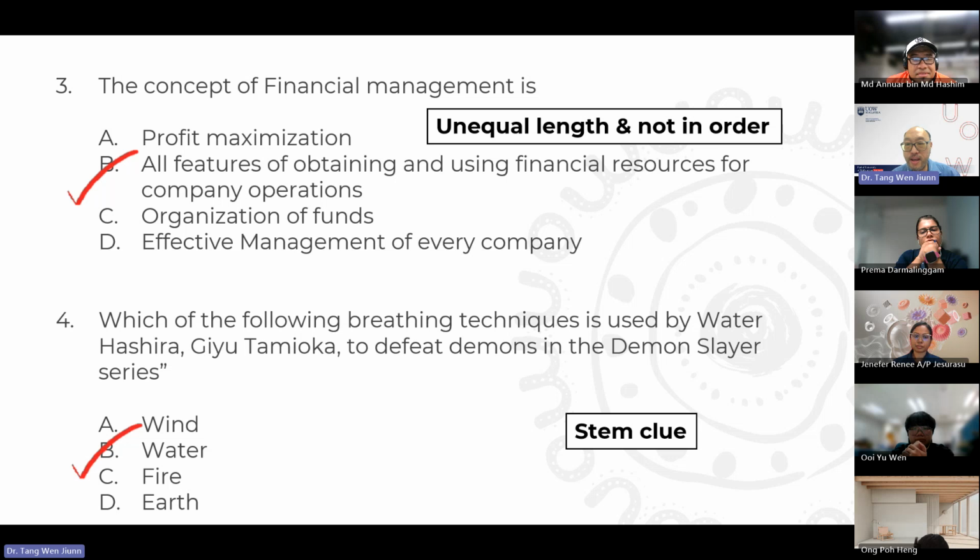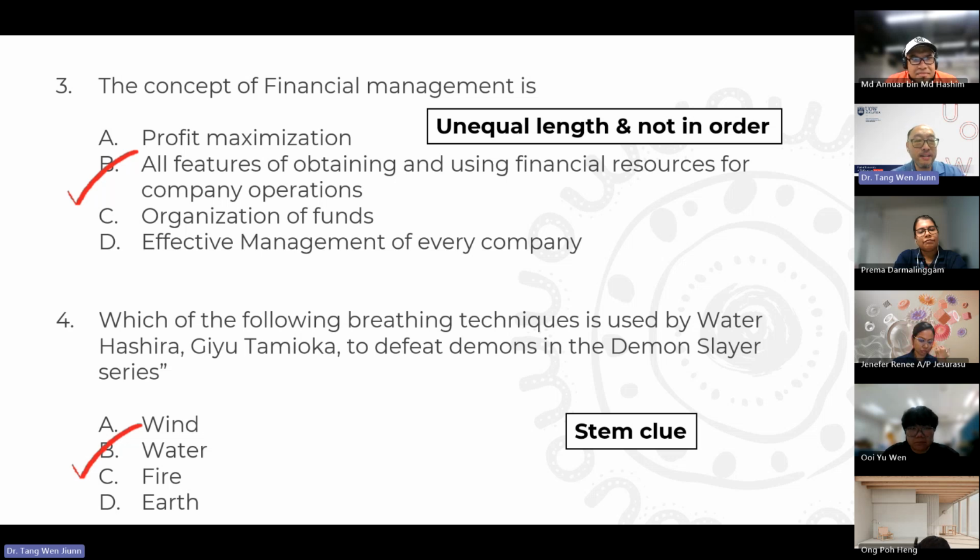So we have B, D, B, B, B. Majority B. I'm not a financial expert, but looking at the options here, B is very long and quite complete. So if you tikam, B.